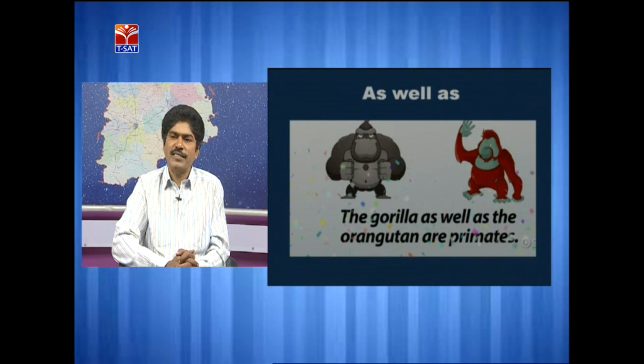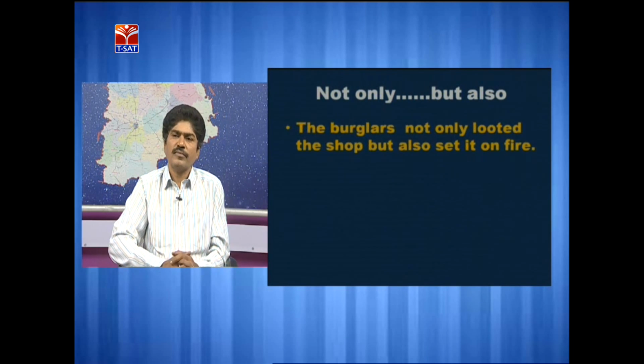The gorilla is a primate, the orangutan is a primate. We combined these two sentences by using as well as. The gorilla as well as the orangutan are primates. Not only but also: the burglars not only looted the shop but also set it on fire.